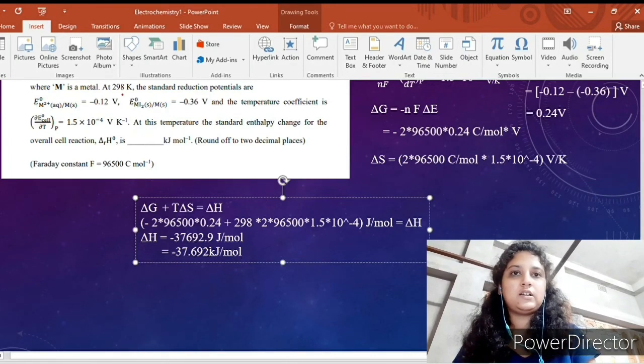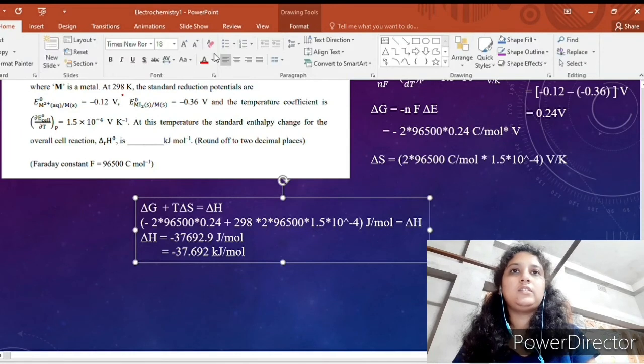So this is the answer. This is the value of del H of the given reaction, and this is the way to solve this type of problem.